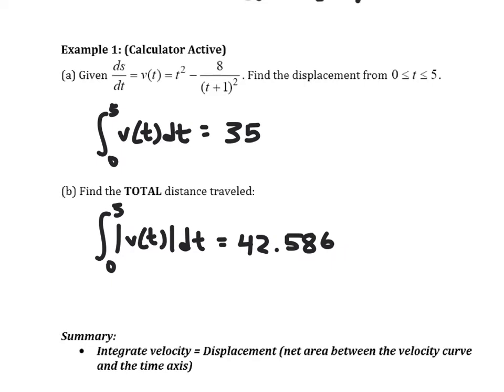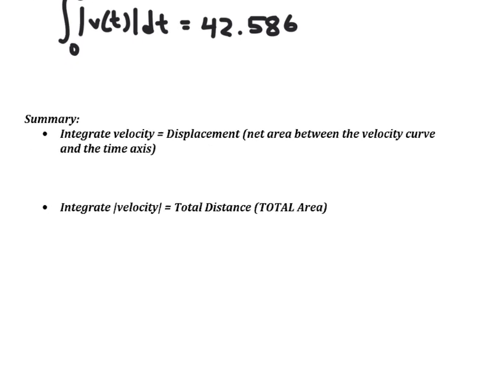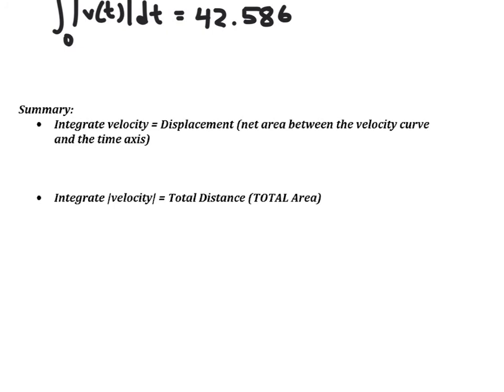Alright, so I got a displacement of 35 units and a distance of 42.586. So in summary, if we integrate velocity, we get displacement, the net area between the velocity curve and the time axis. If we integrate the absolute value of velocity, we get the total distance.